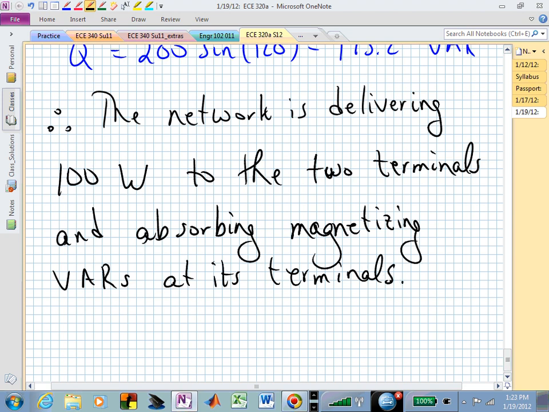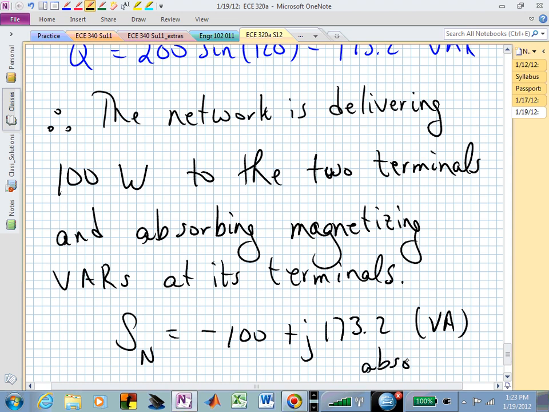Questions on that? Meaning that particular load, or element I should say, or network, was minus 100 plus J 173.2 volt amperes absorbed.